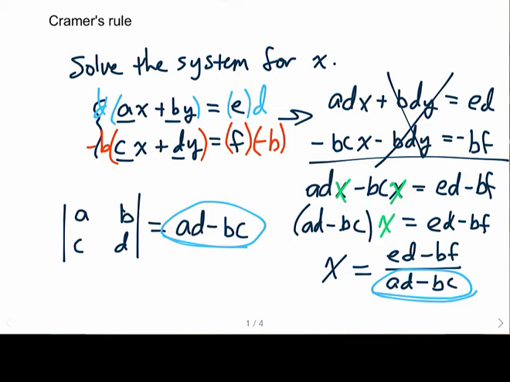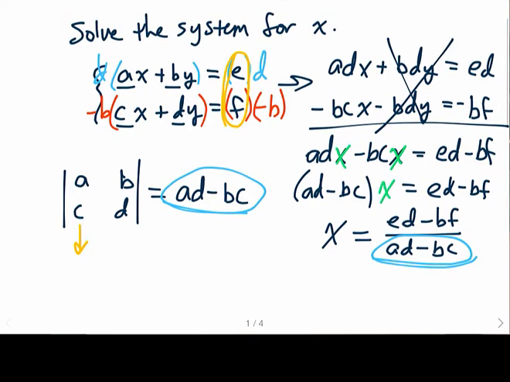Now that's interesting, but this next thing is really cool. If I take the constants e and f and replace the first column that had the x's coefficients, then I would have the determinant with e, b, f, d.